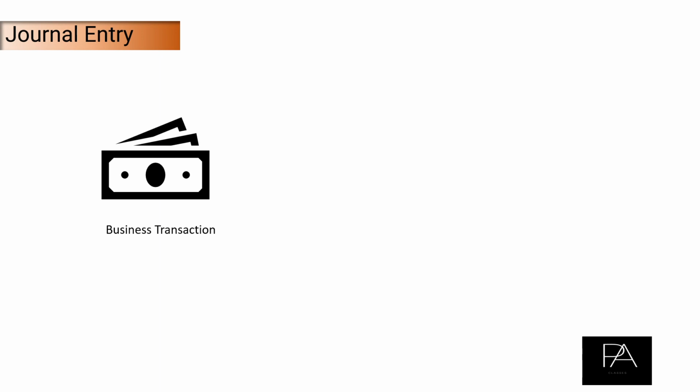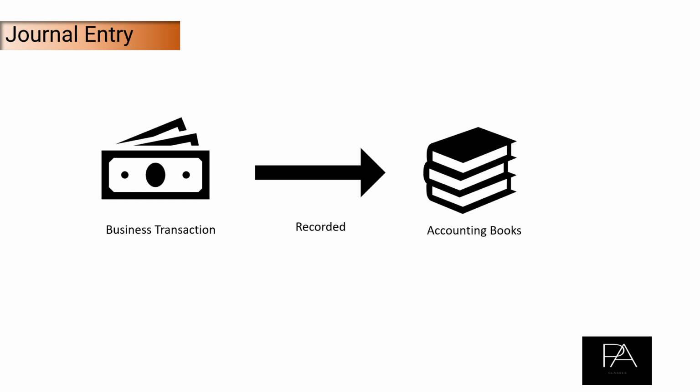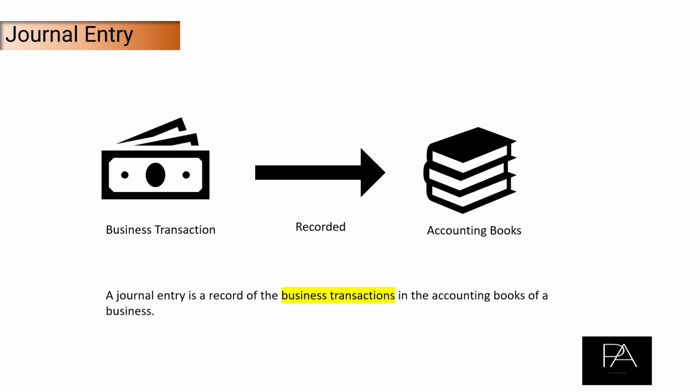To start with journal entry, what is the meaning of journal entry? In simple terms, it is when we record the transactions related to the business. We understood transaction in the first slide. So when we record those business transactions in our accounting books, we call it journal.